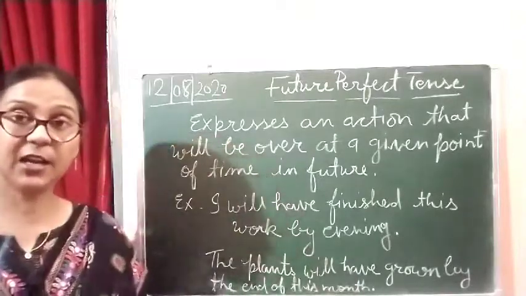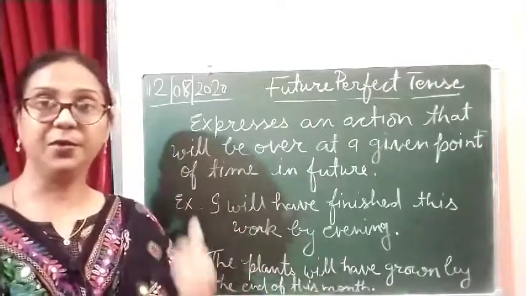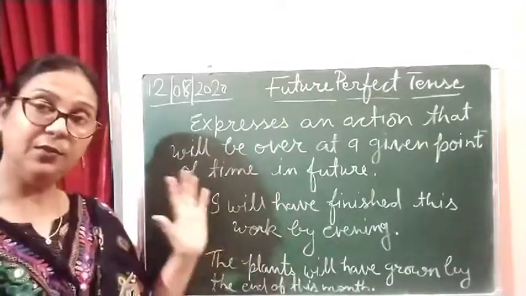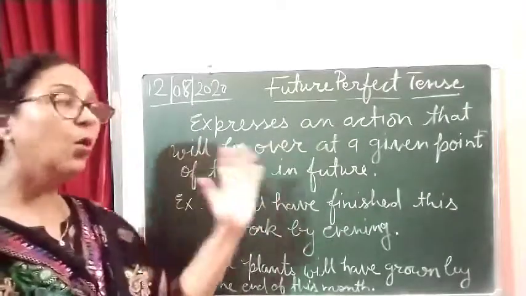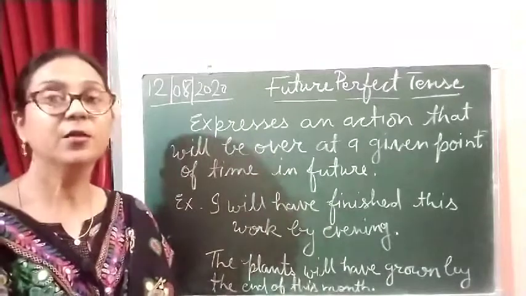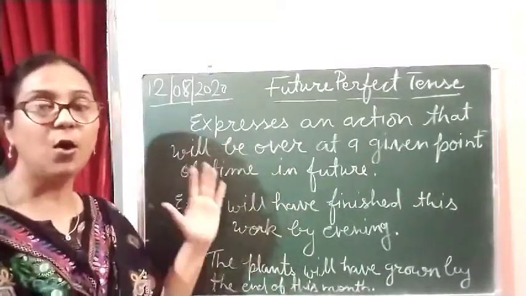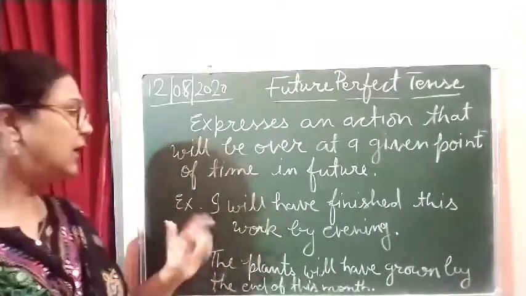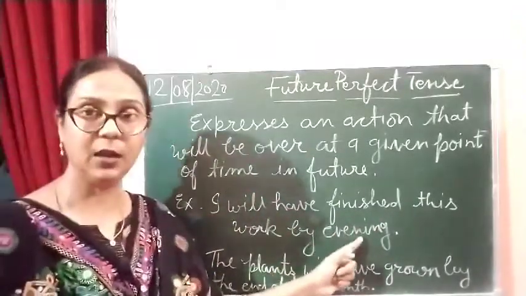As we have studied in the present perfect tense and the past perfect tense, in the future perfect tense also, an action will be over at a given point of time in future. For example, I have written two examples here on the board. First, I will have finished this work by evening.